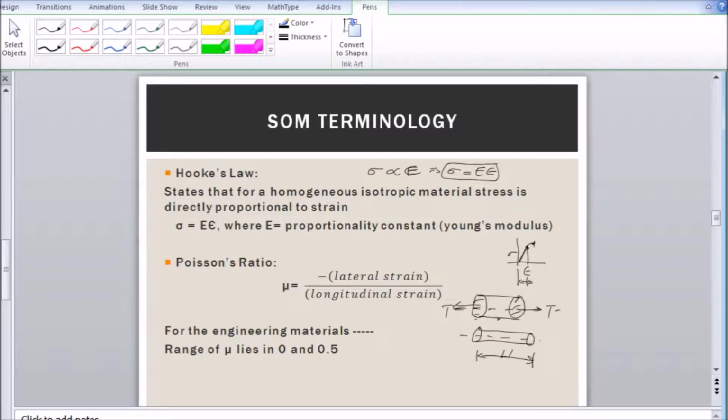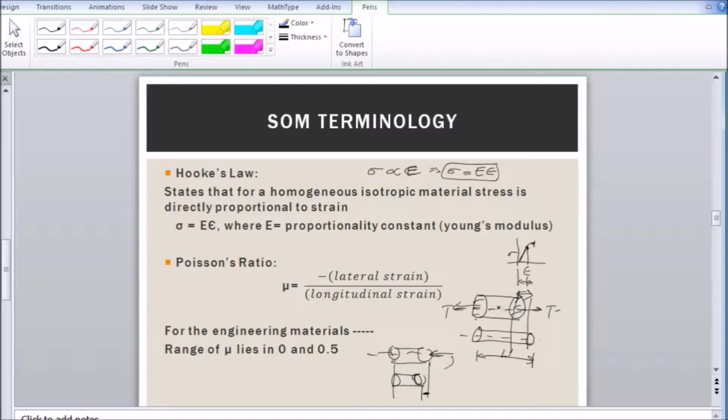If it was a compressive load, the dimension along this load would be reduced. This is the decrease due to a compressive load, and this is the increase in length due to a tensile load.